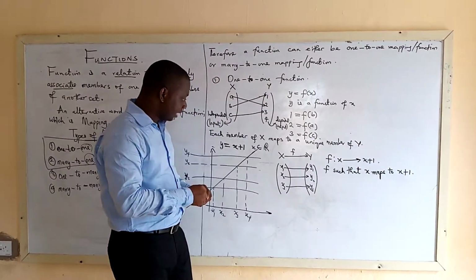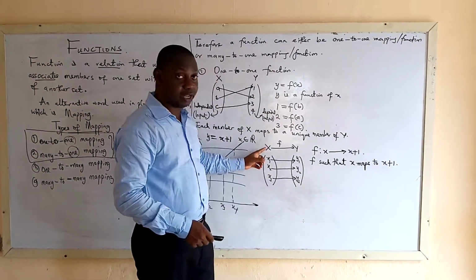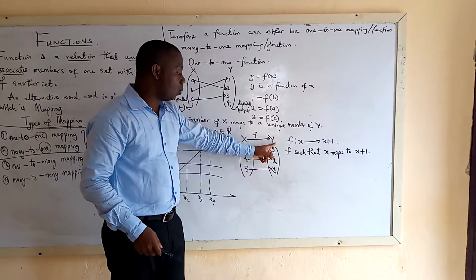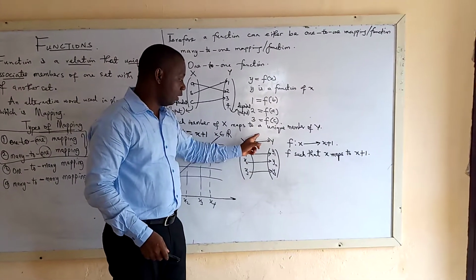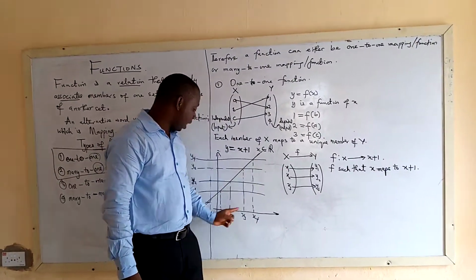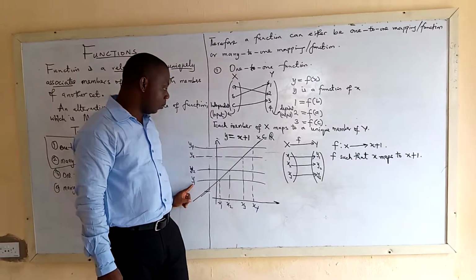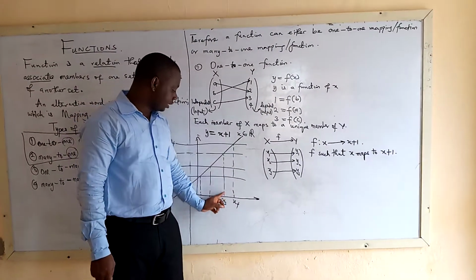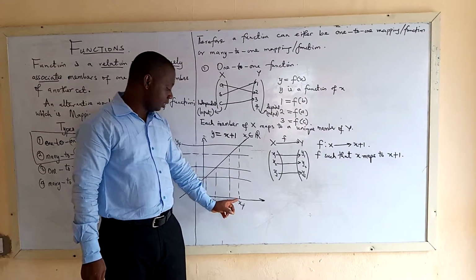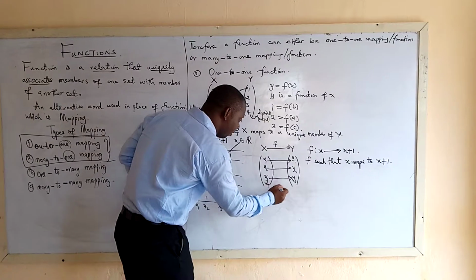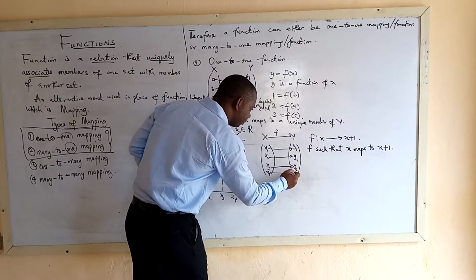So, that is the mapping that I now drew here. This X mapping to Y with its function, it follows that X1, you can see, maps to Y1, X2 maps to Y2, X3 maps to Y3, X4 maps to Y4.